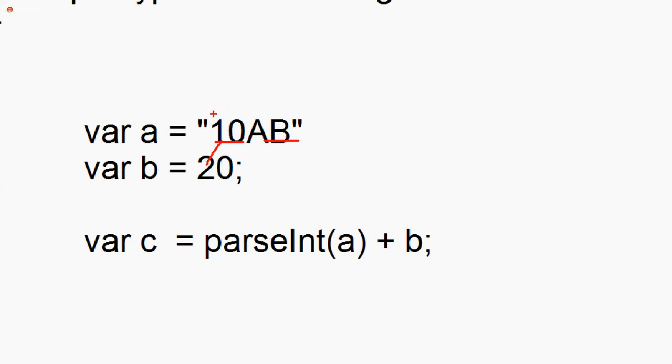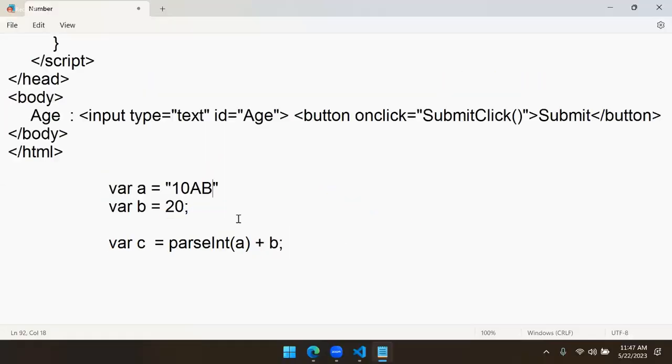Because if you are defining a numeric, up to the numeric it will read. After that it will stop. That means it is not going to consider the rest. Then the result will be 10 plus 20, 30.